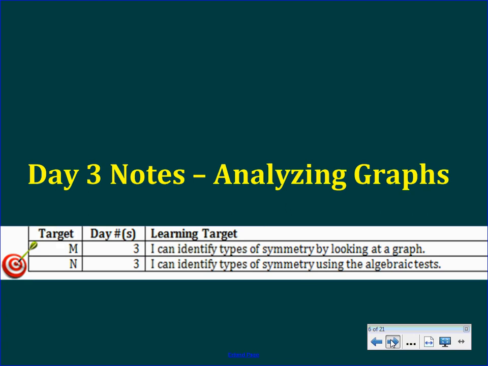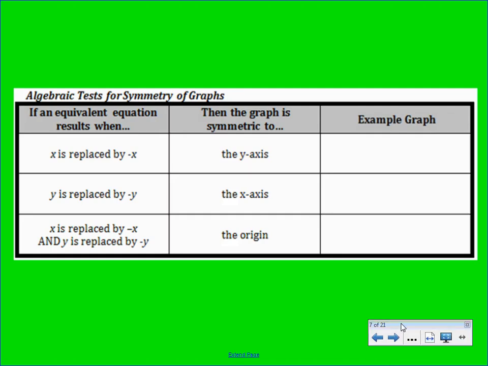All right. So first, what are the different types of symmetries we could have? What do they look like in pictures? Okay. So one type of symmetry we have is y-axis symmetry. That means that you can fold the picture along the y-axis, and it's a mirror image on either side. Okay.